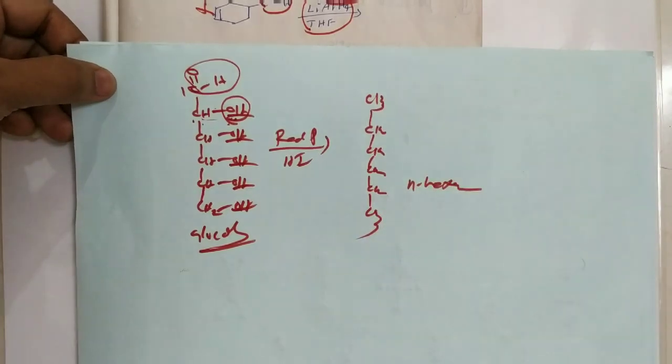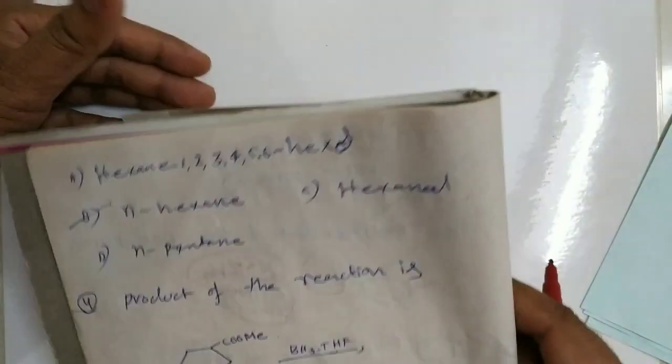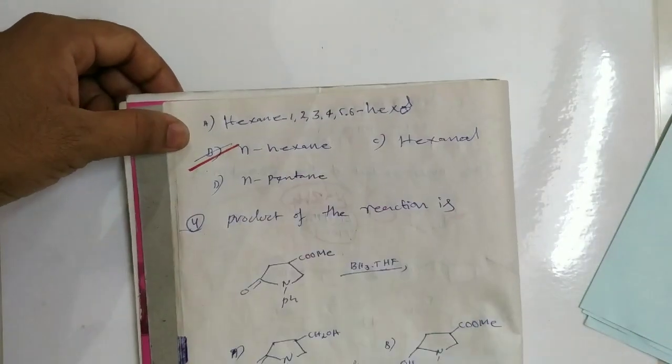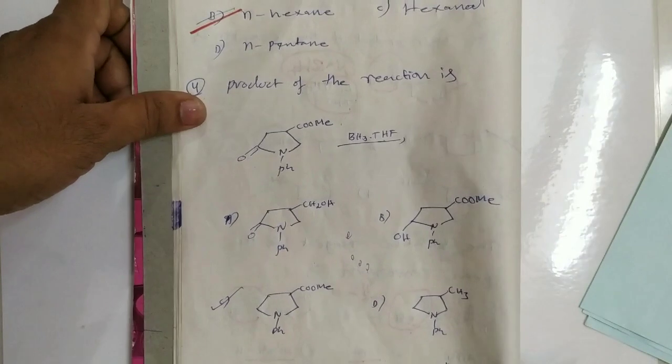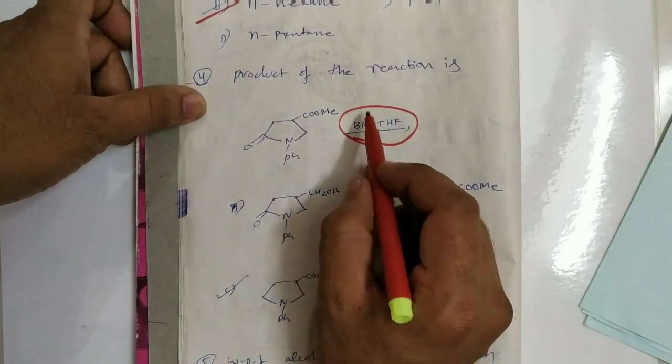Glucose on reduction with red phosphorus and HI gives n-hexane. Even fructose also gives n-hexane on reduction with red phosphorus and HI. So the answer is n-hexane.